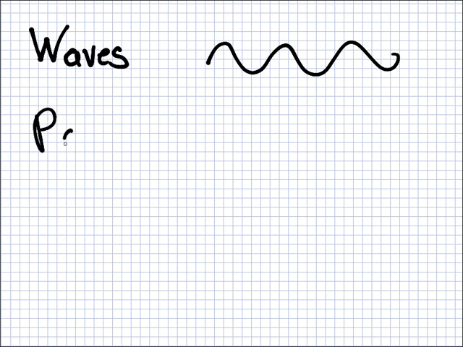I'm trying to think of the right word. In physics, we study the behavior of two things. The first thing is waves, and the second thing is particles. They're the two things in physics we're interested in.